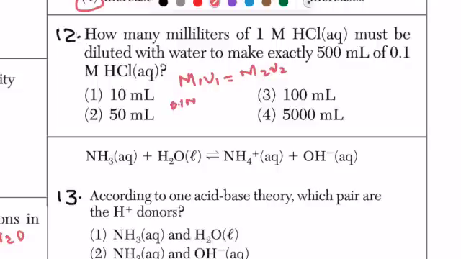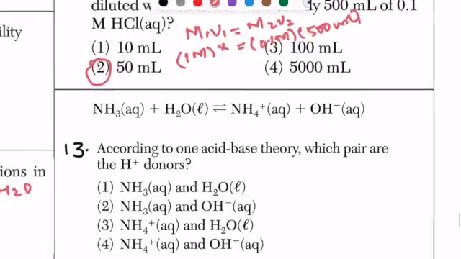We are starting with a 1 molar solution, and we want to figure out how much volume of that we need to make a 0.1 molar solution of HCl and exactly 500 milliliters of that solution. So you just do the math, solve for x, and get your answer. That should be, I believe, about 50 milliliters.